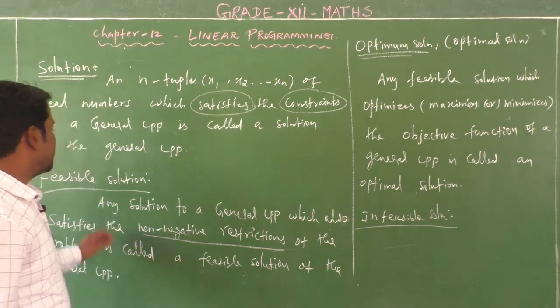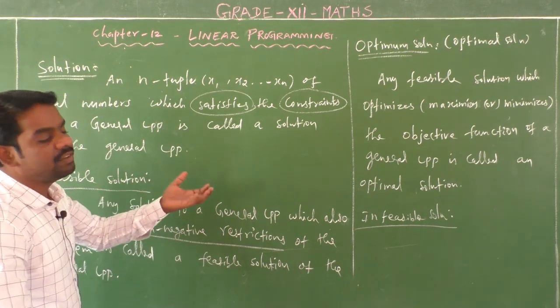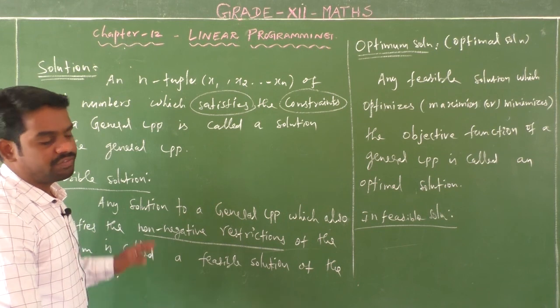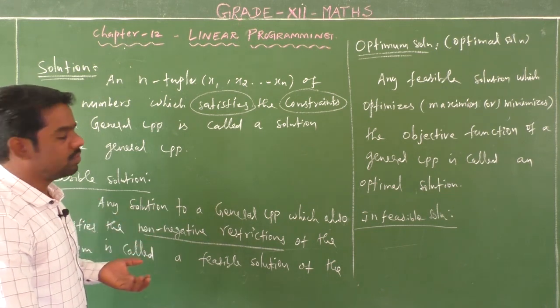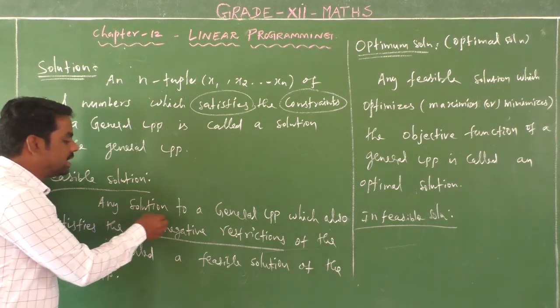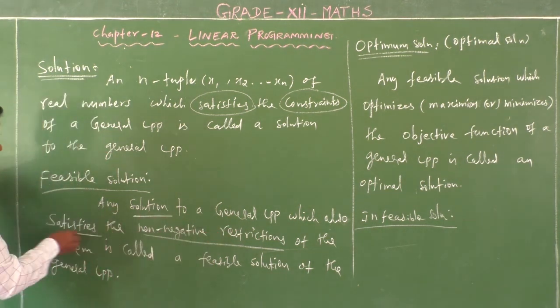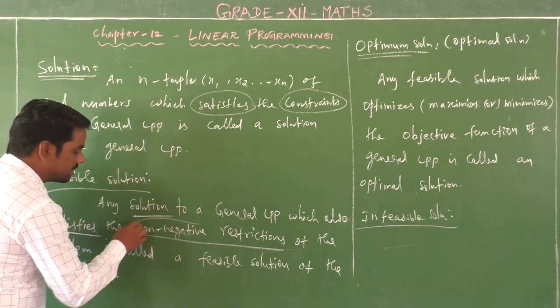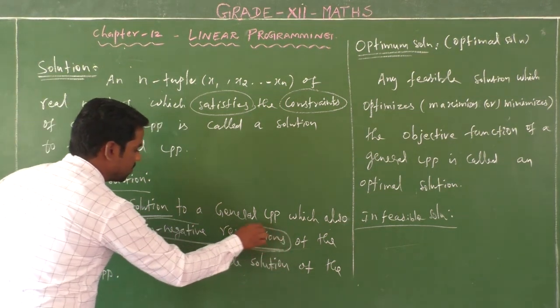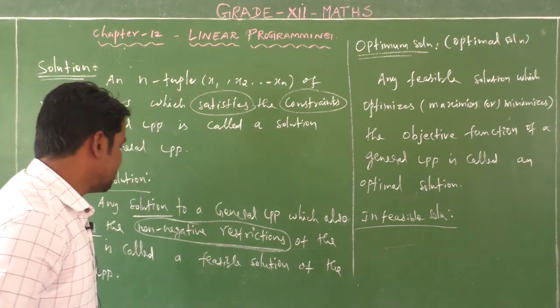Here a solution is of two types: a feasible solution or an infeasible solution. First one feasible, second one infeasible solution. Listen. A feasible solution is any solution to a general LPP which also satisfies the non-negative restrictions of the problem.